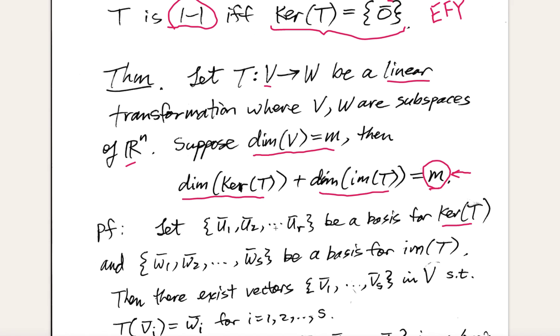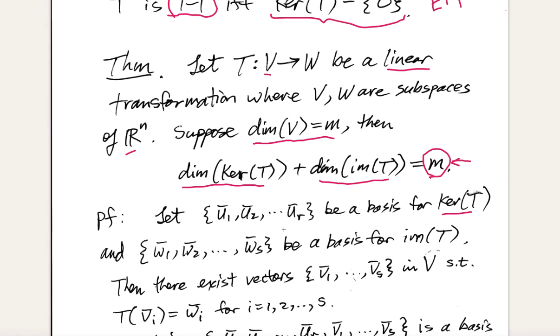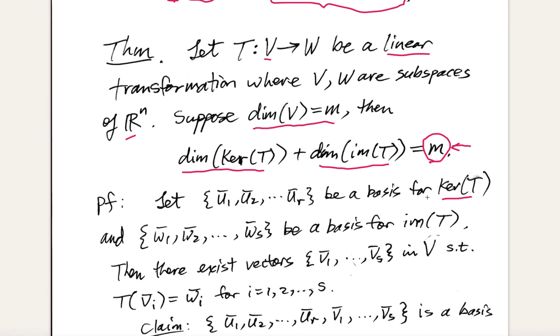We know this is a subspace of V, so it's a subspace of the subspace of R^n. But it has some sort of basis, and this is it. So every element of the kernel can be written as a unique linear combination of these guys.